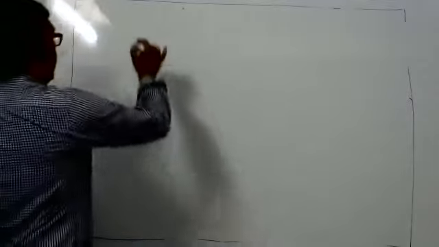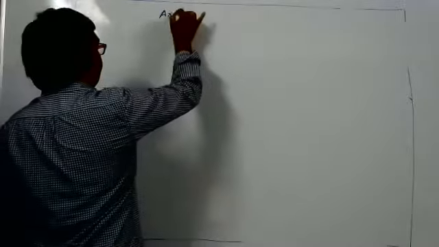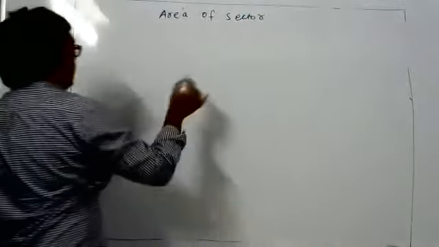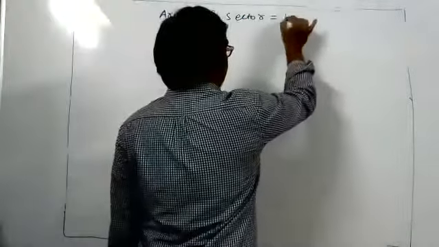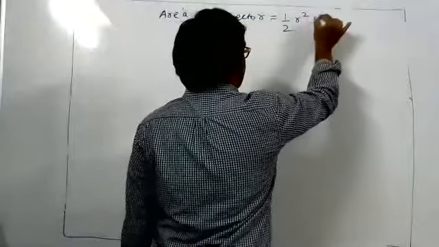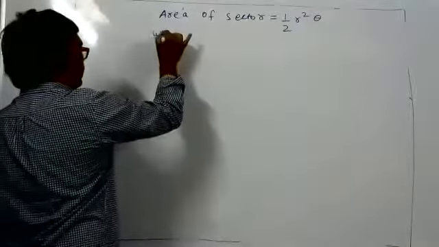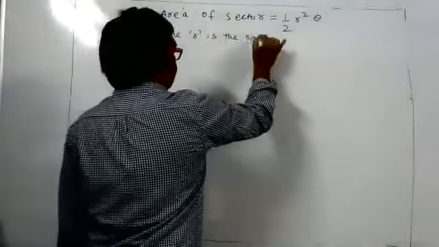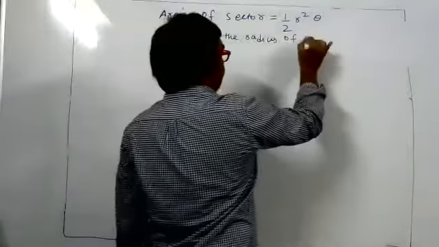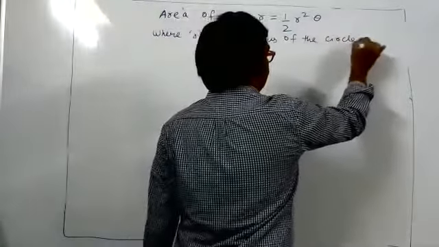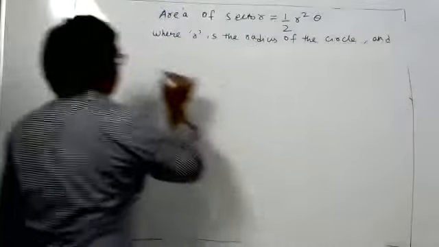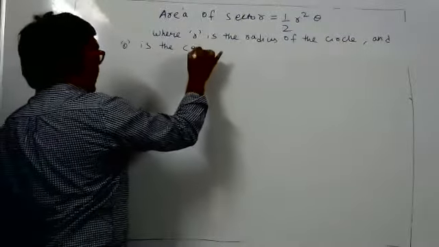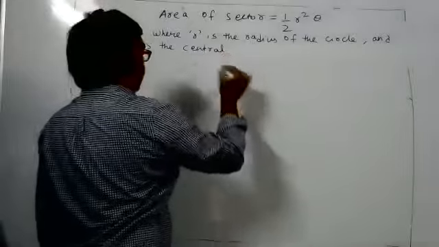We'll start now. Write down area of sector. Area of sector formula: half r square theta, where r is the radius of the circle and theta is the central angle subtended at the center.